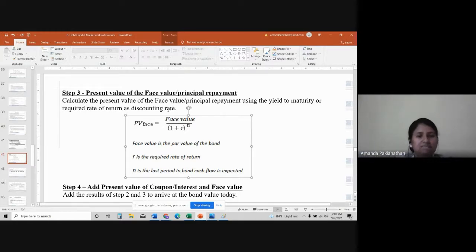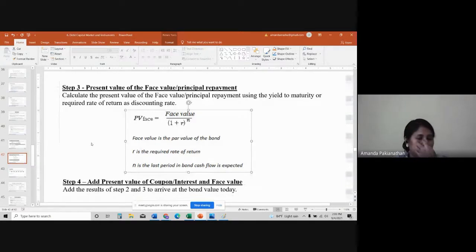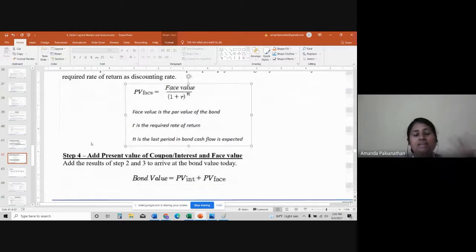That's the meaning. Now, after you go through step 3, it's simple. Now, how do you find the bond value? You have to simply add the answer from step 2 and step 3. You will add the present value of each cash flow. Present value of the coupon payments, present value of the face value.